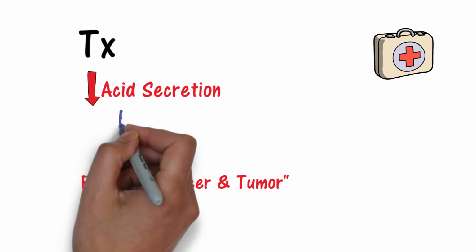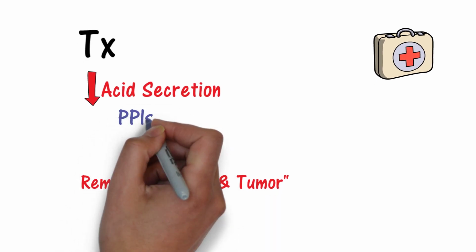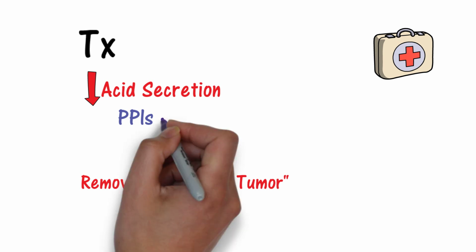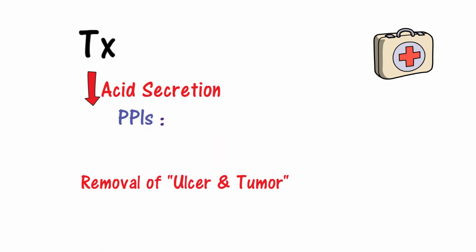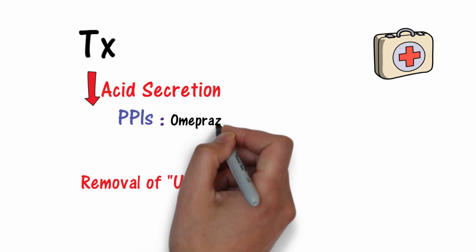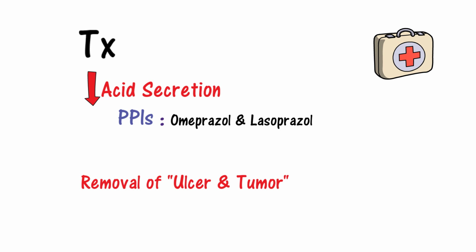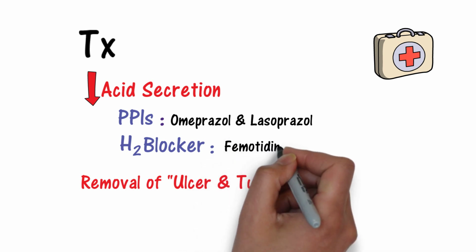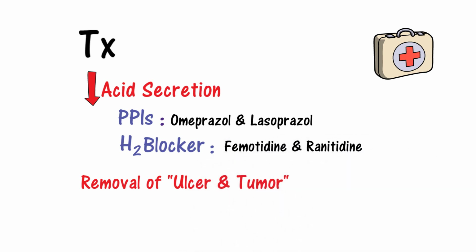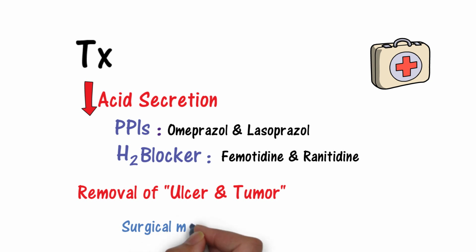For this, we can use proton pump inhibitors like omeprazole and lansoprazole. We can also use H2 blockers like famotidine and ranitidine. And for the removal of ulcer and tumor, we can use some surgical procedures.